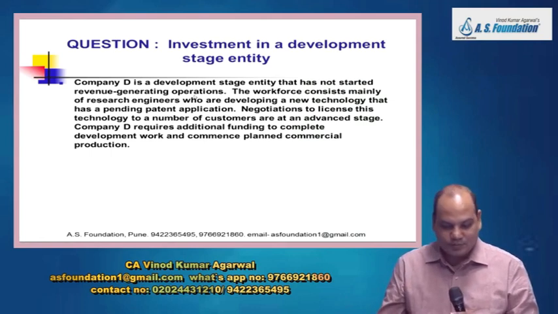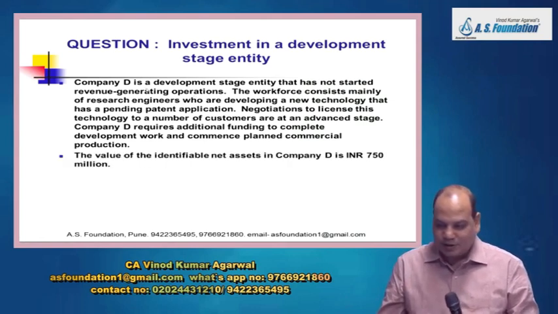Is it a business? Company D is a development stage entity that has not started revenue generating operations. The workforce consists mainly of research engineers who are developing a new technology that has a pending patent application. Negotiations to license this technology to a number of customers are at an advanced stage.